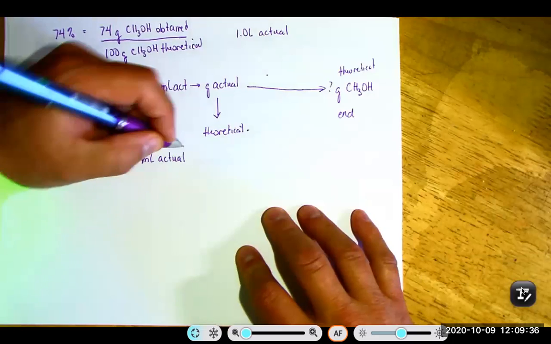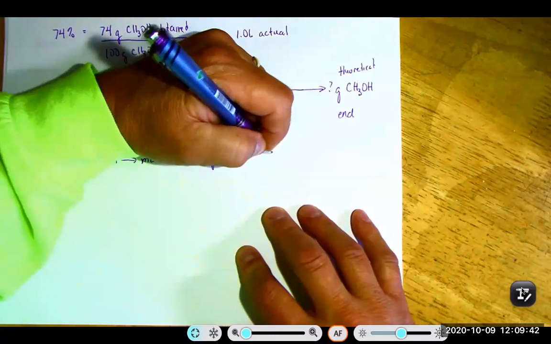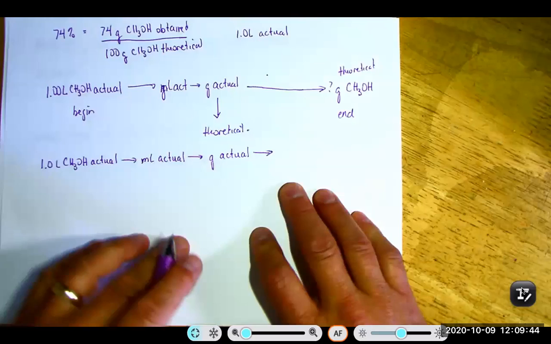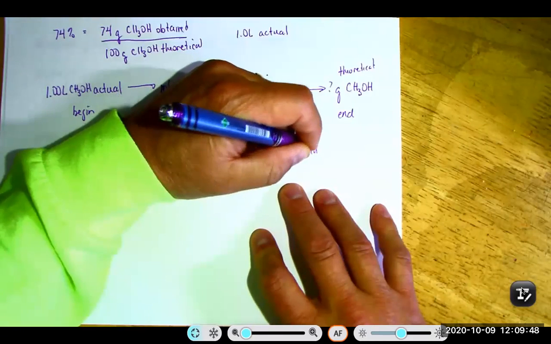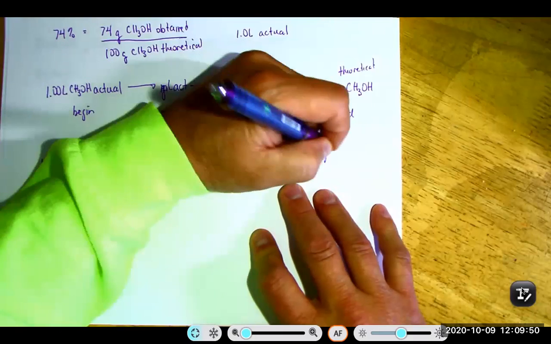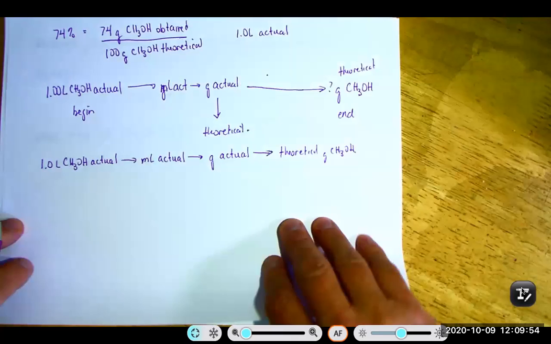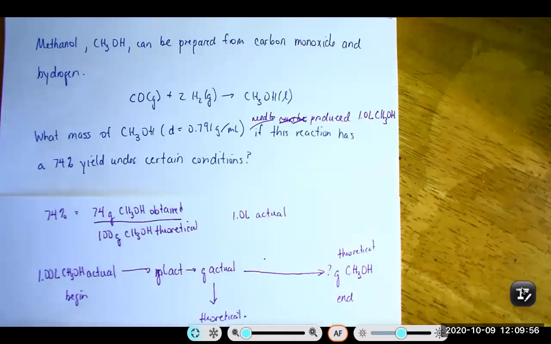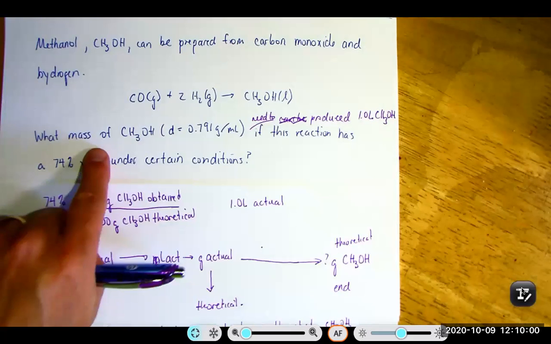And we'll turn that into the grams of the actual that we're going to get. And since the actual differs from theoretical, we'll turn that into the theoretical grams of methanol that we need to make. And I believe that's what they're asking. What mass can be produced, or what mass would produce 1 liter?